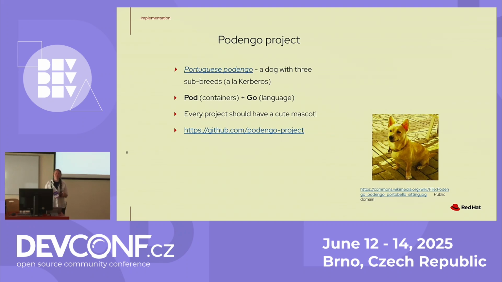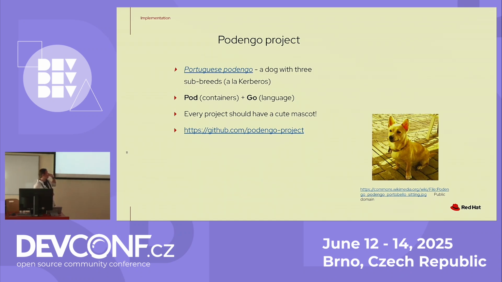So similar to this, but it is also a word play: pod, containers, and Go language in which the solution is implemented. So yeah, Podengo. And yeah, we have a cute mascot for it. It's this doggy. André is very happy about this doggy.